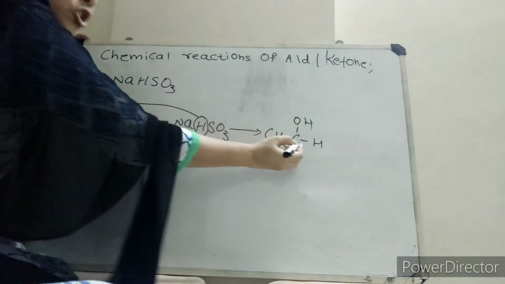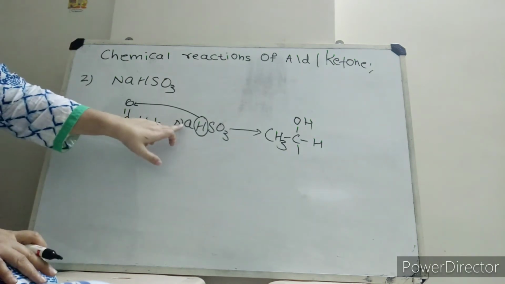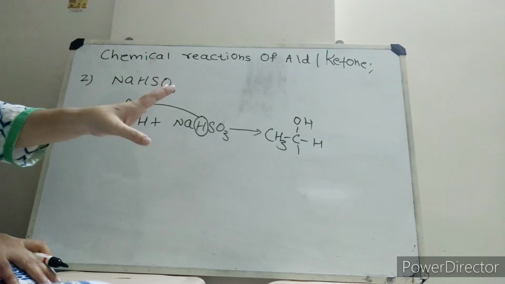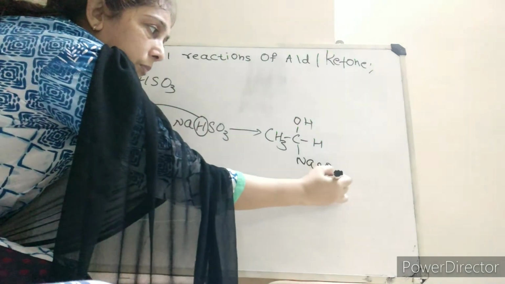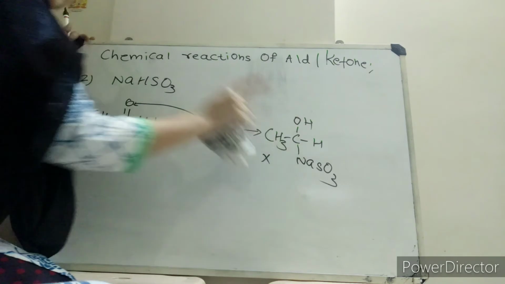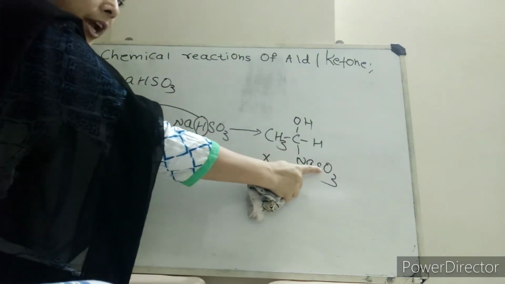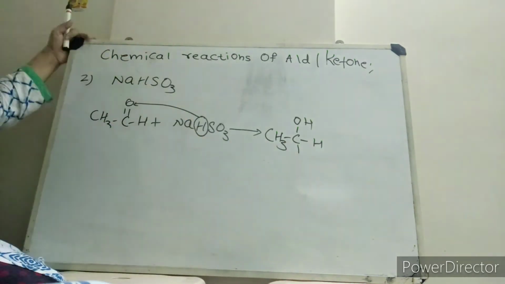Now on the fourth valency of this carbon, two things are left. Na is left and SO3 is left. But now we cannot write NaSO3. It is absolutely wrong. Always we have to write SO3Na, because sodium is monovalent, so it is not attached with this carbon.